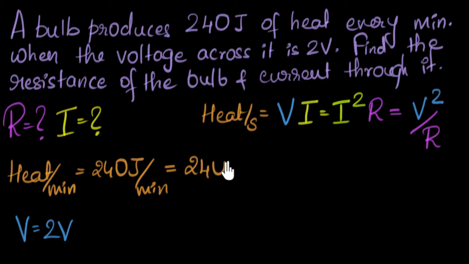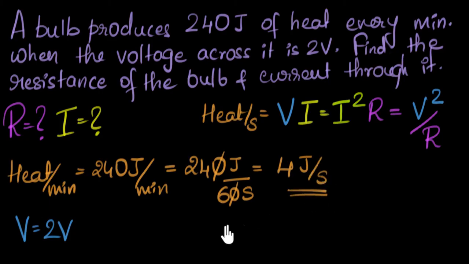So I would write this down as 240 joules per 60 seconds. The zero and the zero cancel, and so I end up with 24 by 6, that's 4 joules per second.